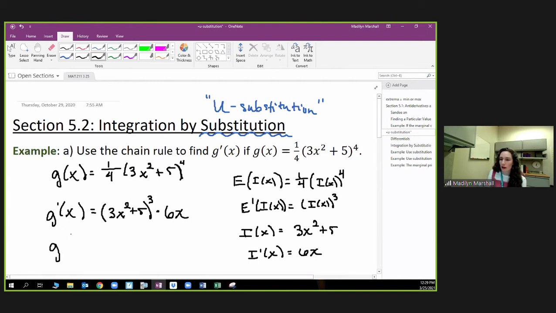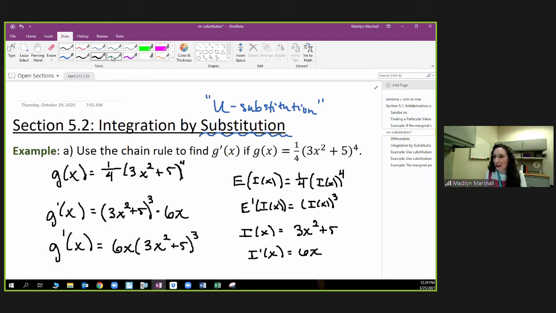And just because it looks nice, we can bring that 6x out in front. So this is just the chain rule of derivatives, nothing new here, just a little review.